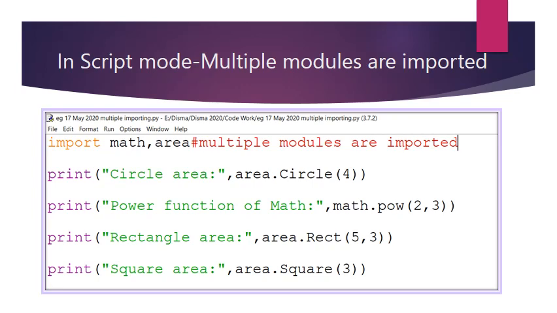The output of the rect function call is going to be 15 and the output of the last statement is going to be 9. You know that math has more than one function other than the power function, but I have not used them in my program. Still, the math module is imported completely into my program. That is one of the drawbacks of using this particular method.